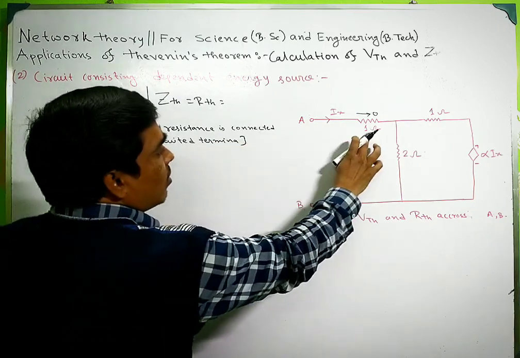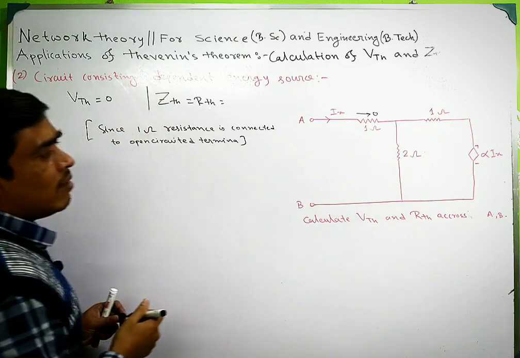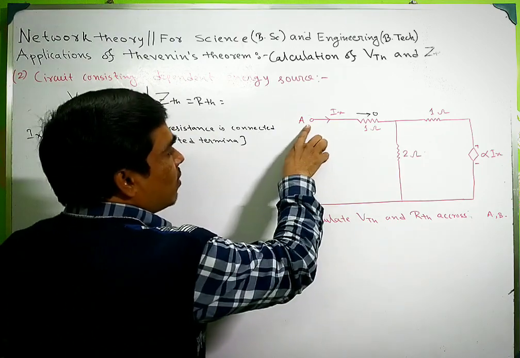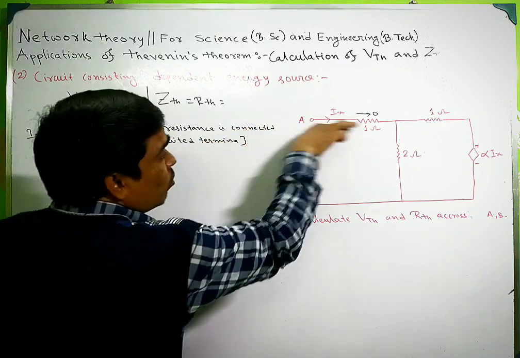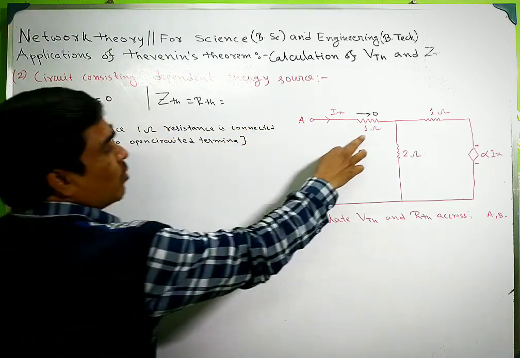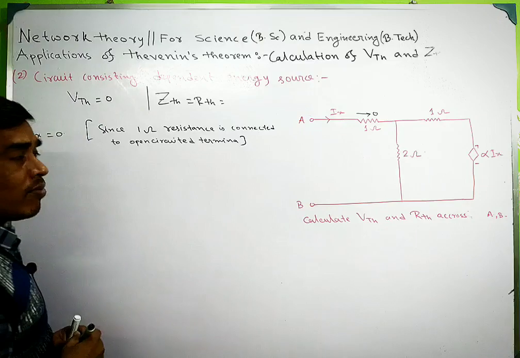This 1 ohm resistance is connected to this open circuit terminal A. That's why the current through this 1 ohm resistance is 0.